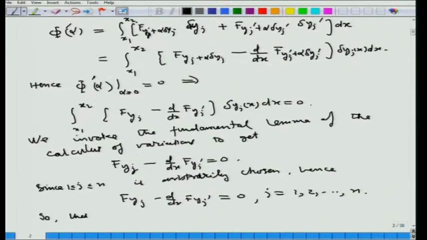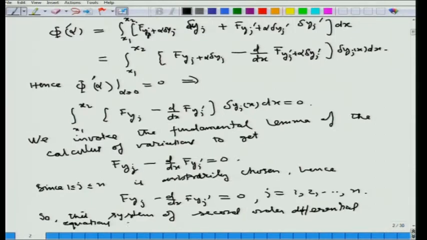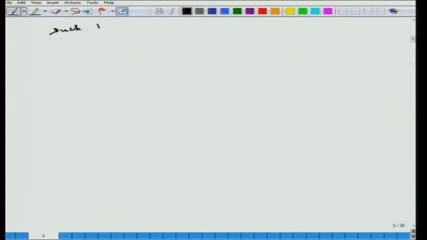So, this system of second order differential equations forms the necessary condition such that this y_1, y_2, ..., y_n optimizes I(y_1, y_2, ..., y_n).